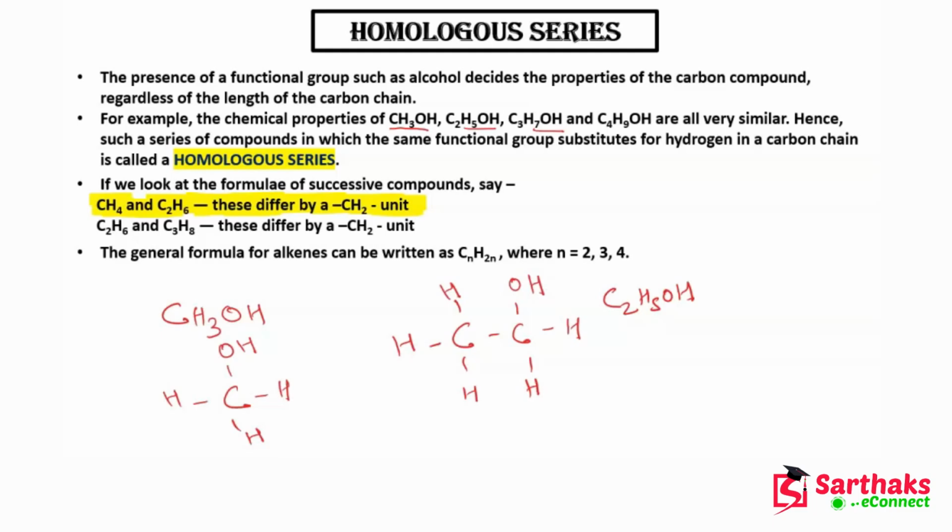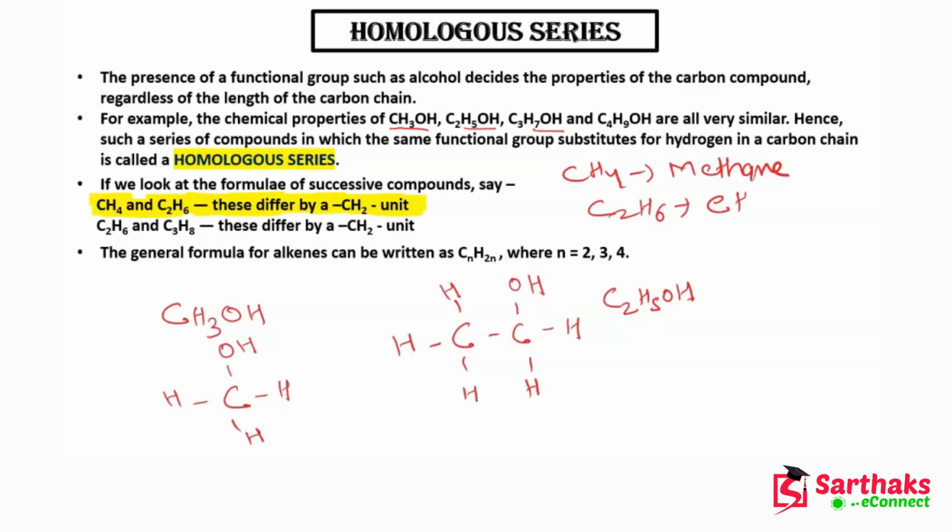I told you alkene is where a double bond is present, alkyne is where a triple bond is present, and alkane is where only a single bond is present. The name of CH4 is methane. Then C2H6, what is this?